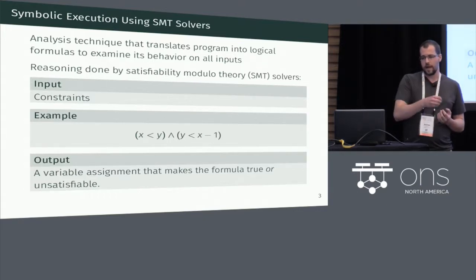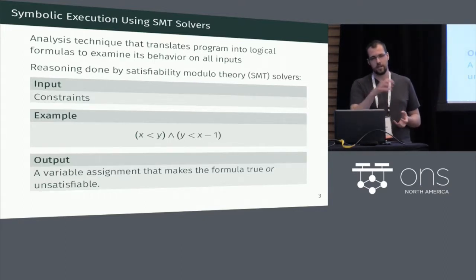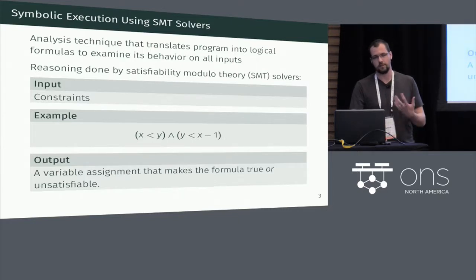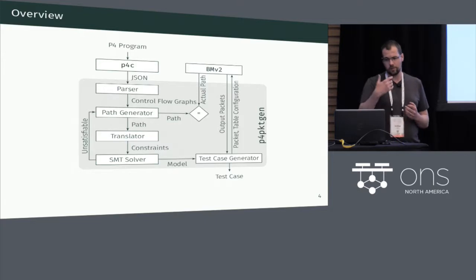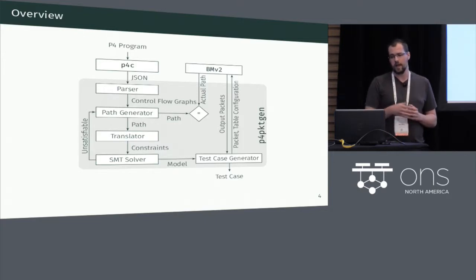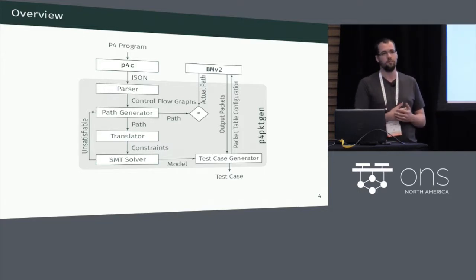The task of p4pktgen is to take a P4 program and translate it into a set of constraints. Here's, at a high level, how we generate test cases from a P4 program.